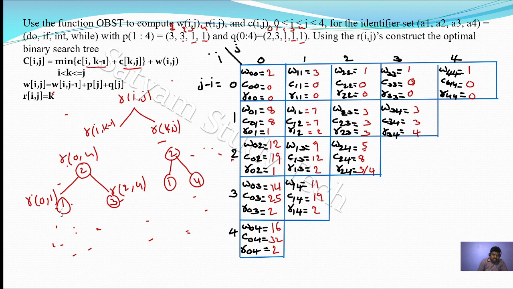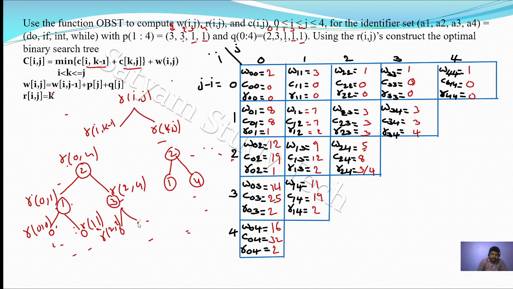Now here R of i value is 0 and k minus 1, 1 minus 1 is 0, R of 0 0, so R of 0 0 value is 0. Then R of k comma j, where k value is 1 and j value is also 1, R of 1 1 is also 0. Here R of i value is 2 and k minus 1, where k value is 3, so 3 minus 1 is R of 2 2, that value is also 0.